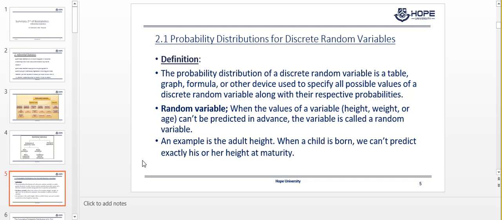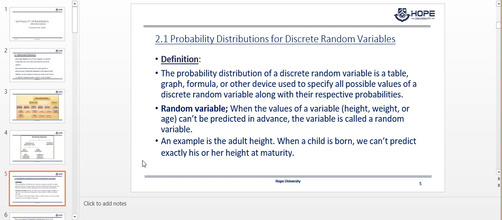We should specify all possible values of the discrete random variable along with their respective probabilities. So we use it to explain how our data are distributed in a graphical method.